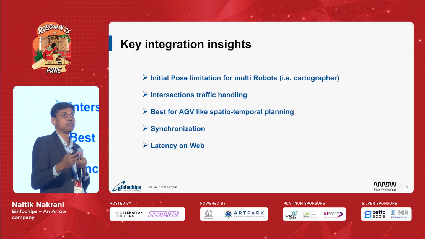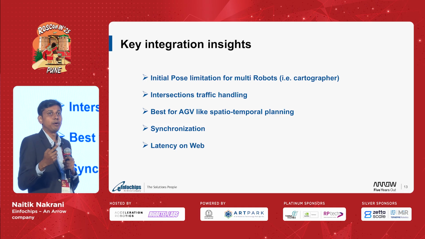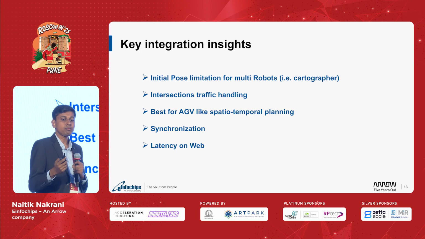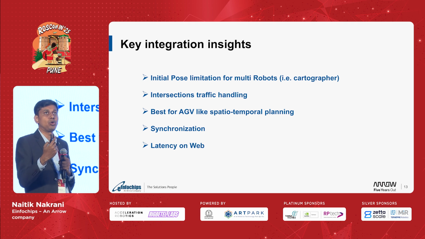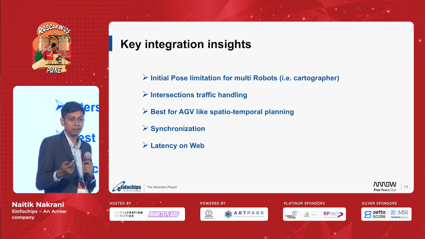Because of that, there are problems in controlling the motion at the intersections, and this is a very big problem in any kind of fleet management system. This works well for AGV-style spatiotemporal planning, because it has a straight path where you can control your AMRs and your results are deterministic.